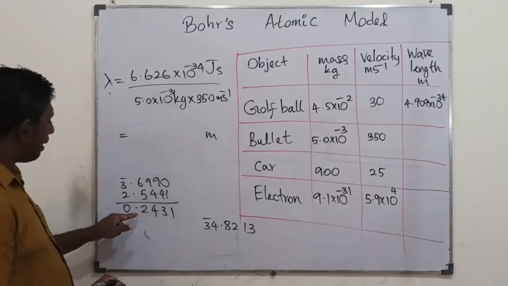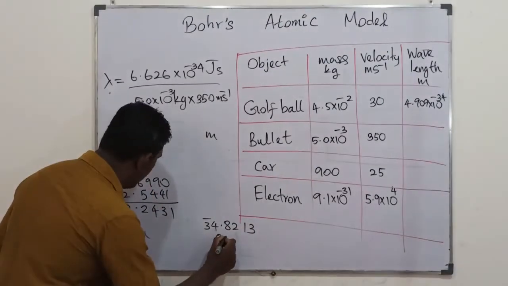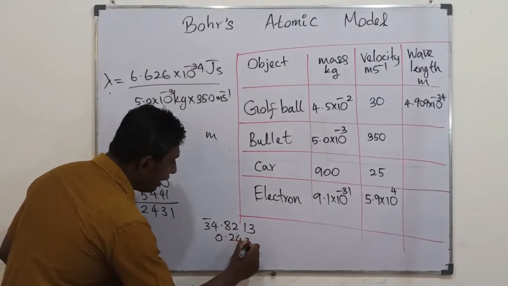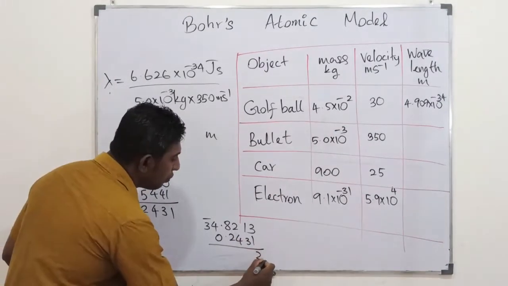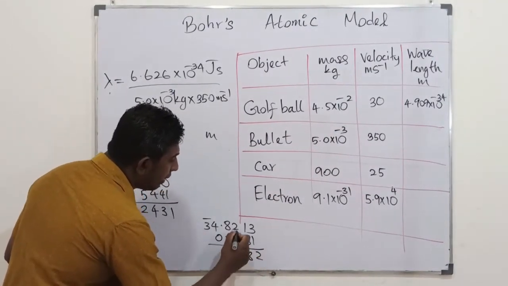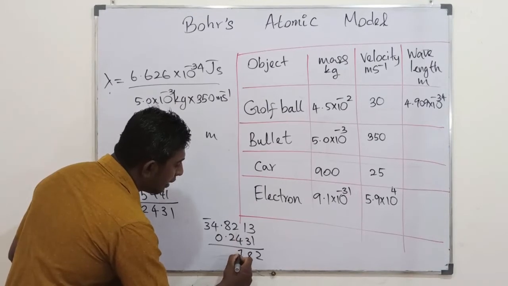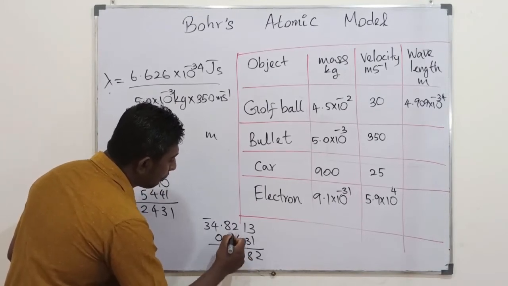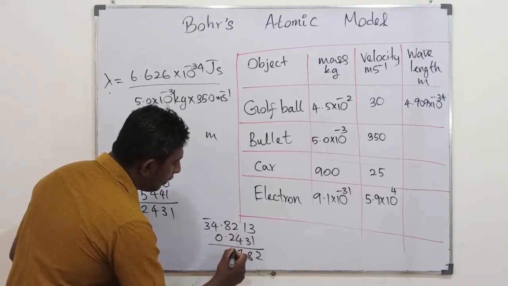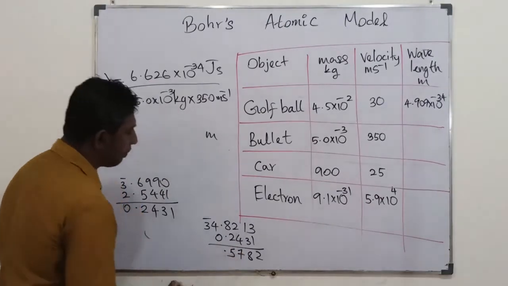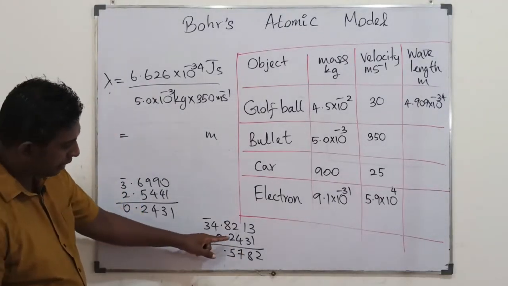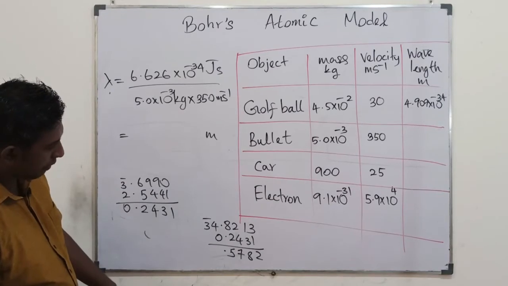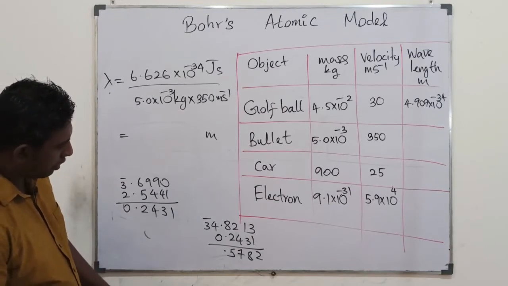8213. Then I'm going to write this again there. It's 0.2431. Going to subtract. It's 2 here, 8 here, 7 here. Then 7 minus 2 is 5 here. Yes, it is the way.